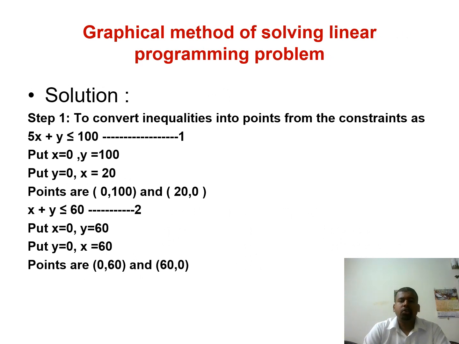So now we are going to solve the LPP problem through the graphical method. First, we already know our objective function, the conditions, and the decision variables. We take the conditions, expressed in inequality form, and convert them into points, because for the graph, since we have only two dimensions, we need at least 2 points, one for the x variable and one for the y variable.